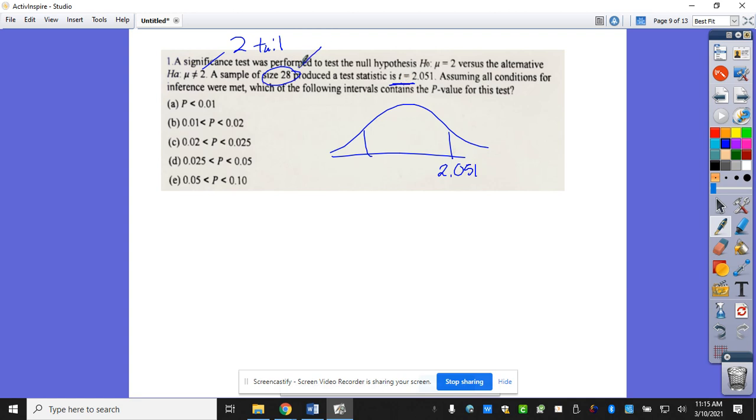It's a t, which means we need what out of that? So if I use my calculator, TCDF, it gives you your -1E99. I plug in 2.051 and degrees of freedom of 27.